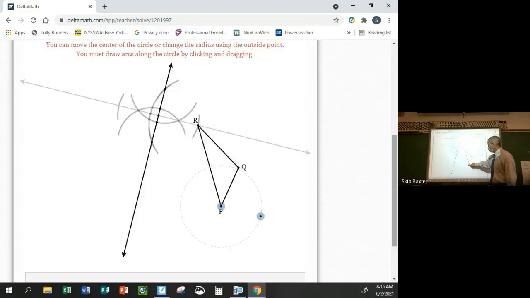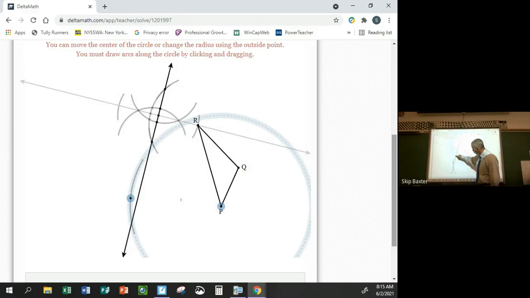Now I'm just going to do the same thing at P. Open the compass enough that it intersects twice in an arc. Then do the perpendicular bisector construction.